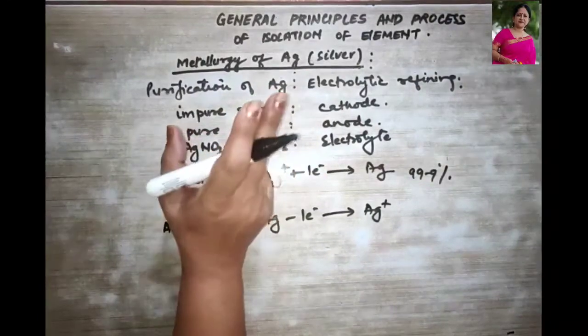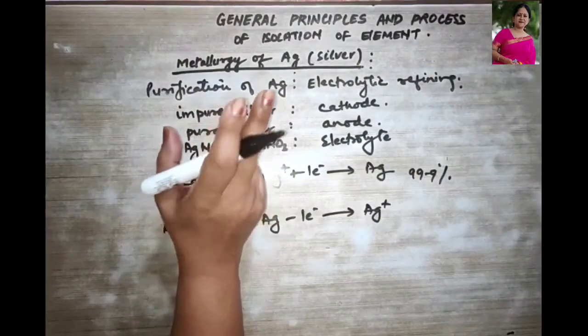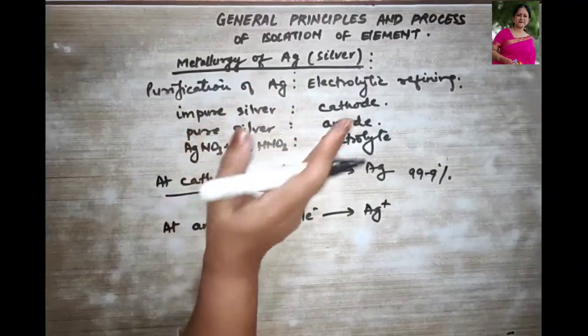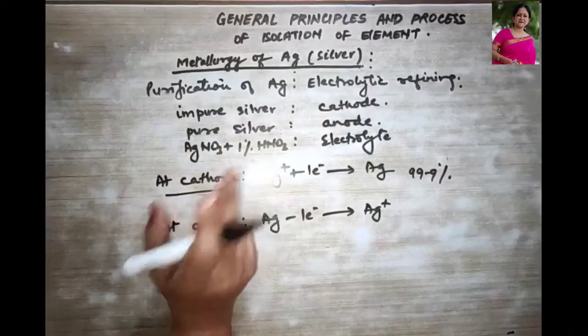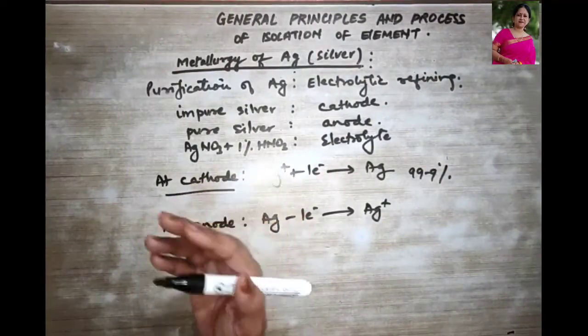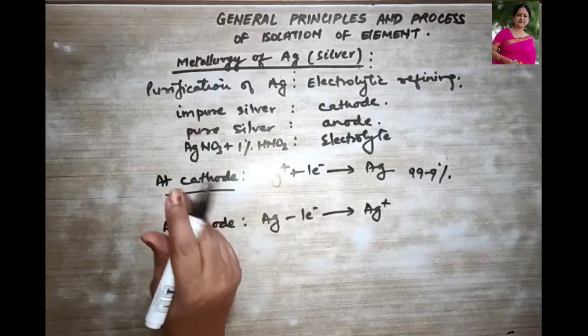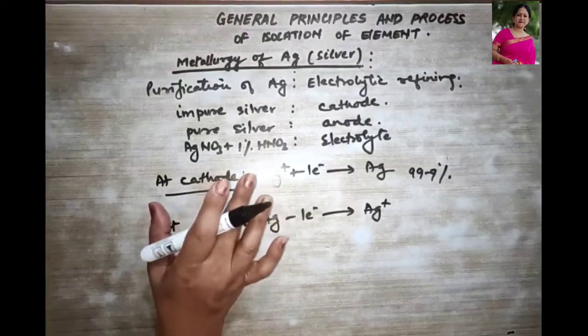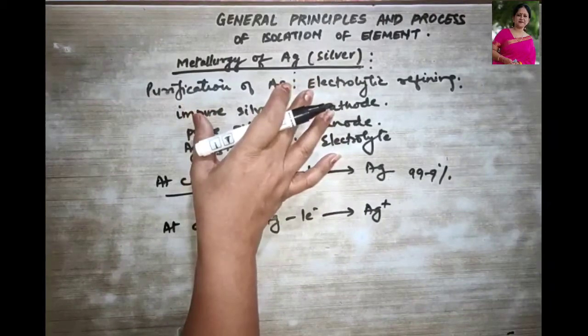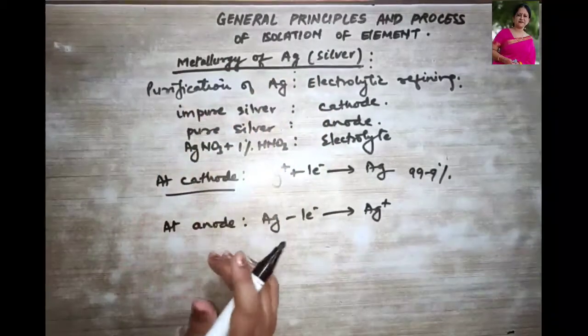The lead obtained from argentiferous galena contains about 1% of silver. So there are several processes used for the extraction of silver apart from using this ore, your argentite.